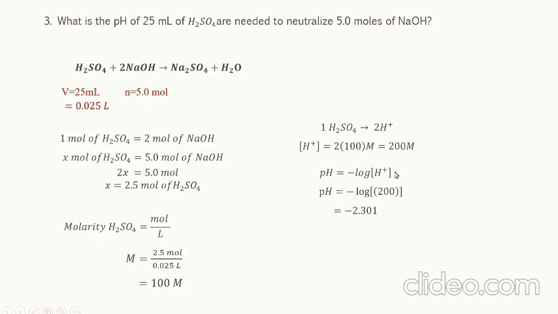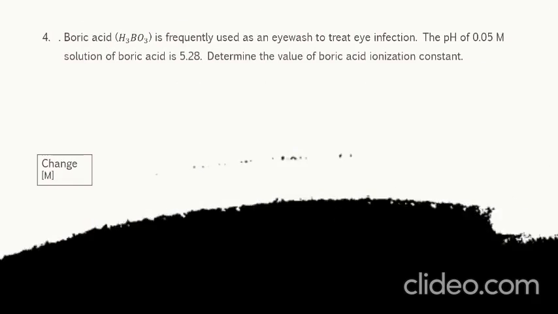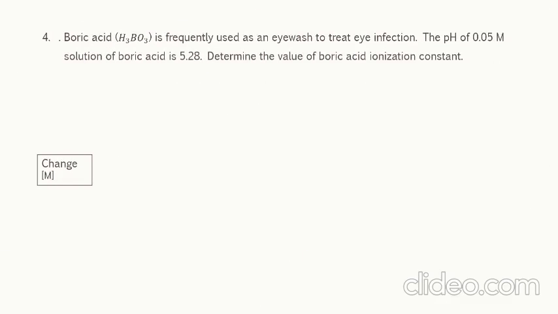Inserting the value 200 as the concentration of H+, we get negative 2.301. So the answer is the pH of 25 mL of H2SO4 needed to neutralize 5.0 mole of NaOH is negative 2.301.